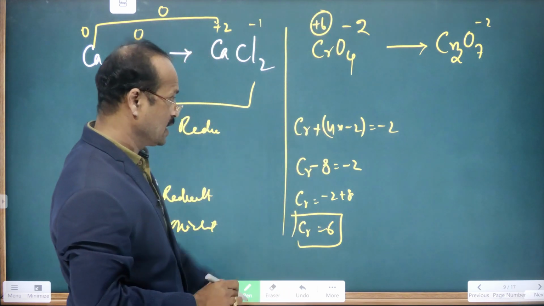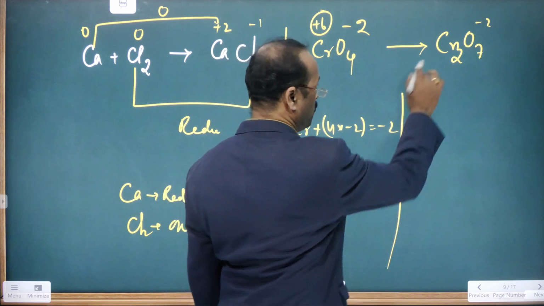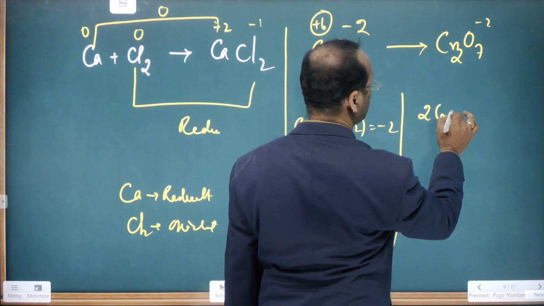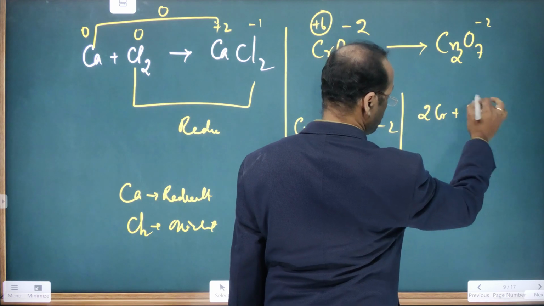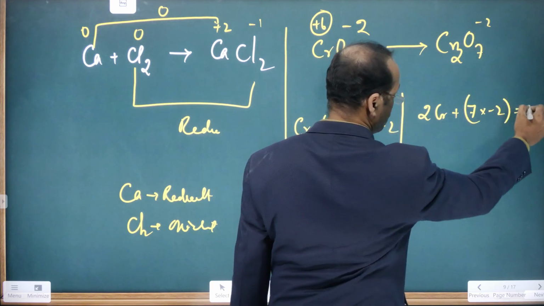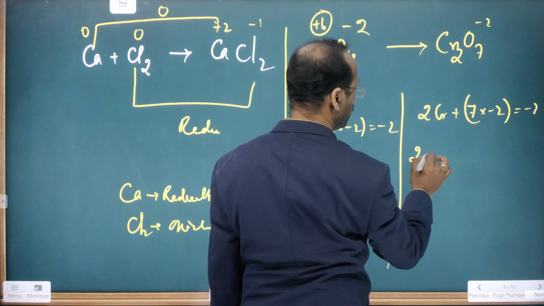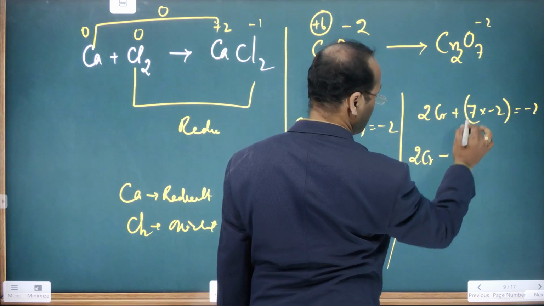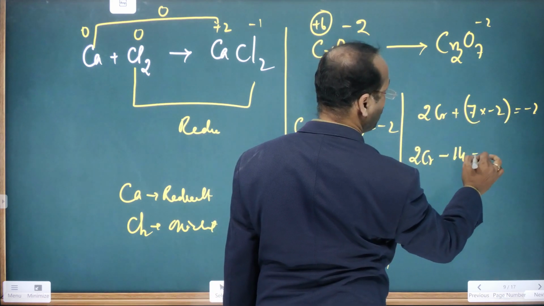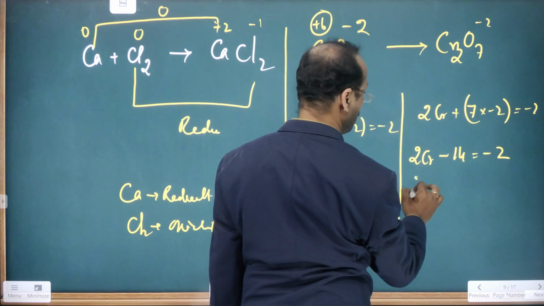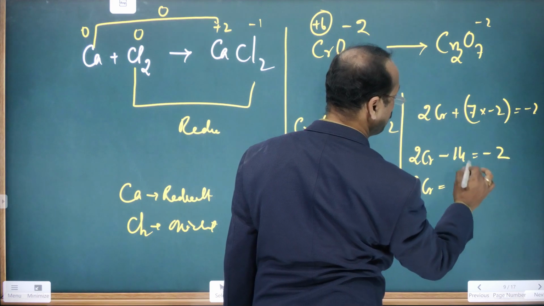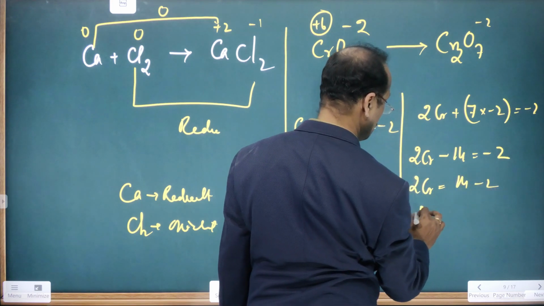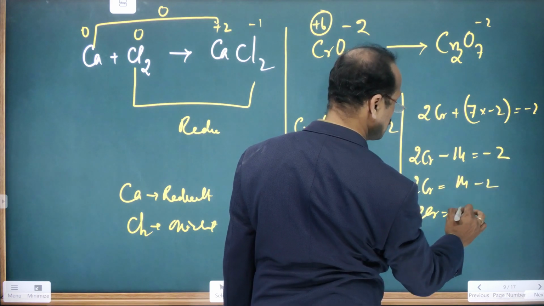Now let us see. Here 2 chromiums plus 7 oxygens, each oxygen -2, and the charge is -2. So 2 Cr plus 7 times -2, which is -14, is equal to -2. Moving -14 to the other side, 2 Cr equals 14 minus 2, which is 12.